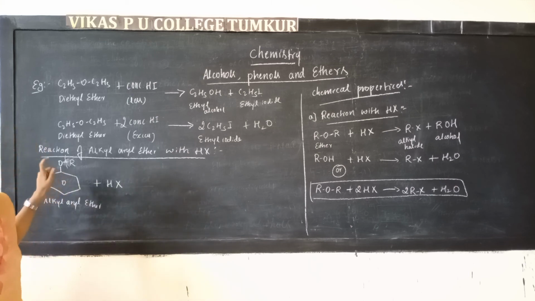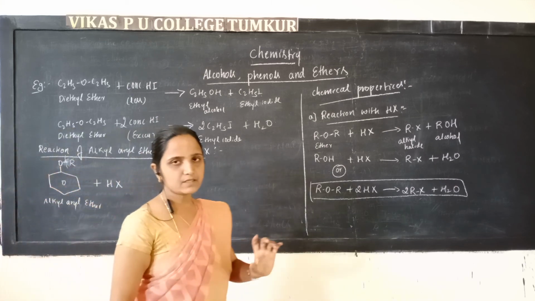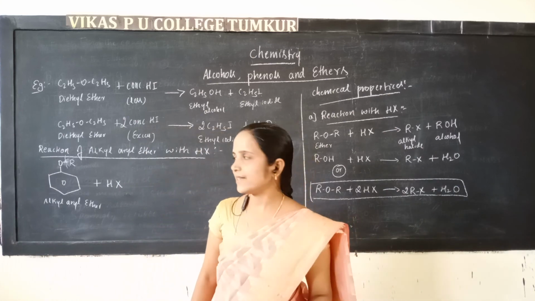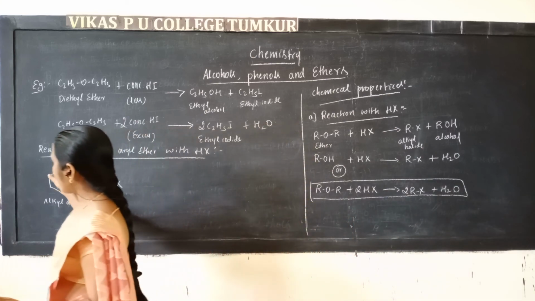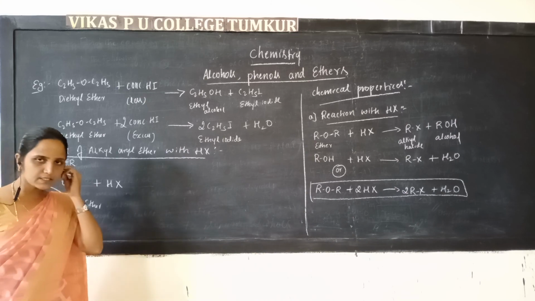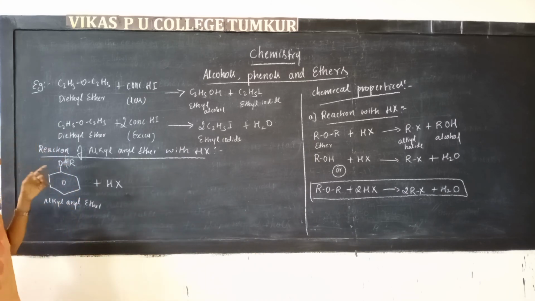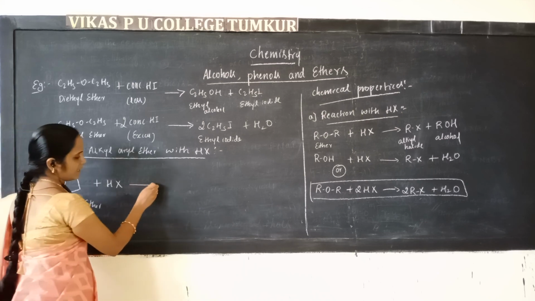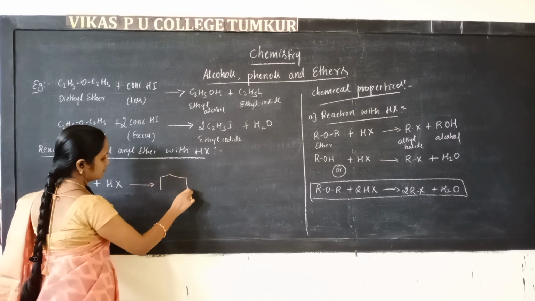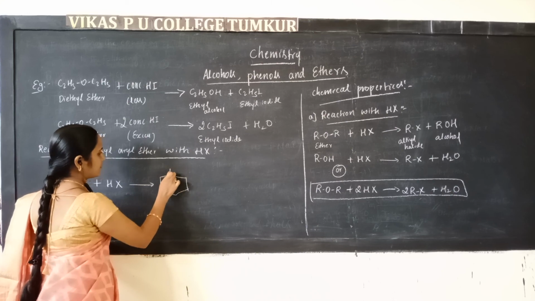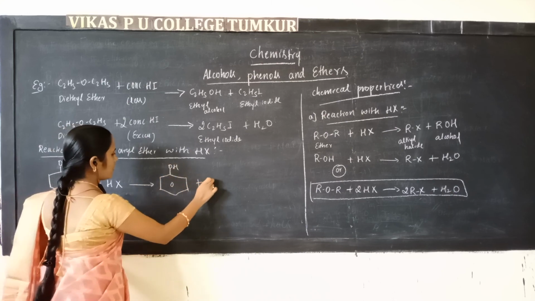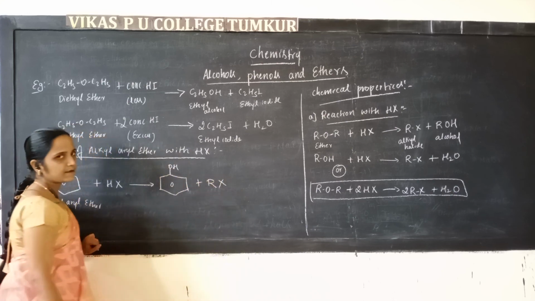The aryl oxygen bond is more stable than the alkyl oxygen bond. Due to this, the alkyl oxygen bond is going to be broken. Then we are going to get phenol plus alkyl halide.